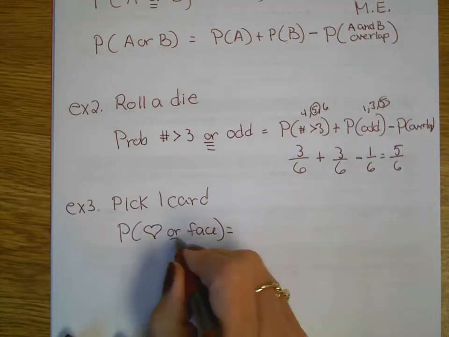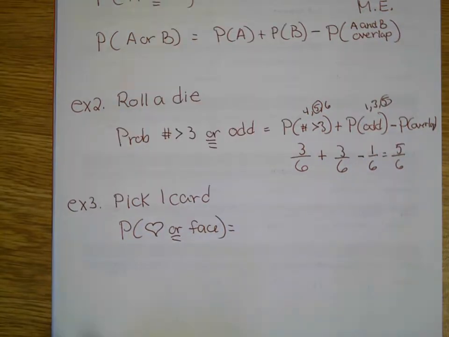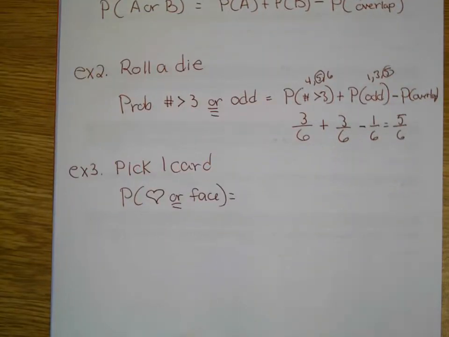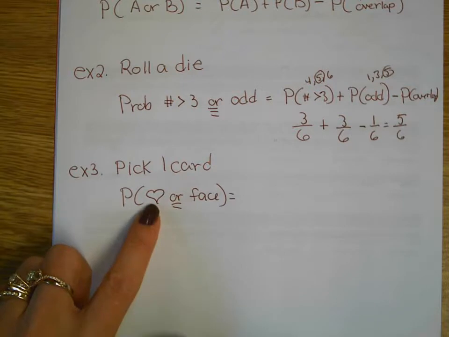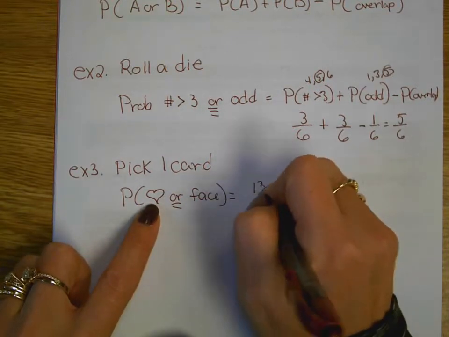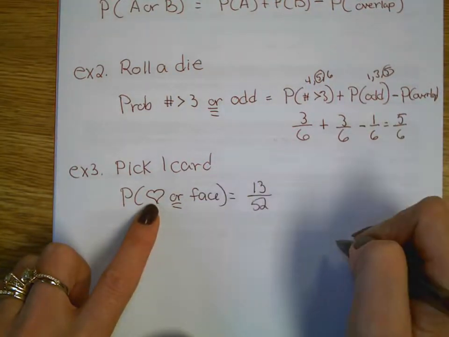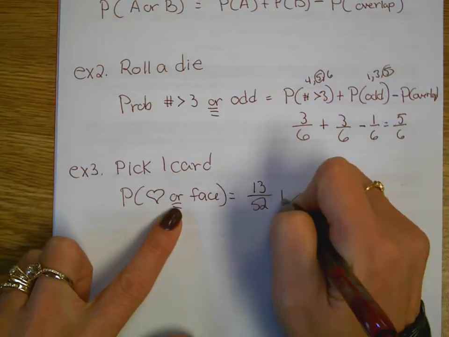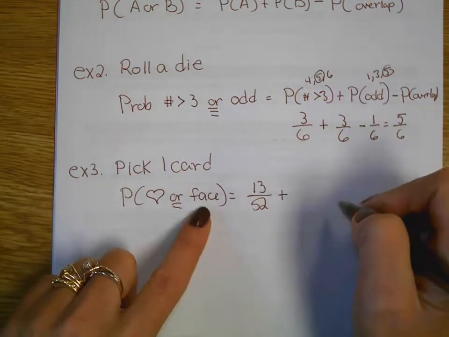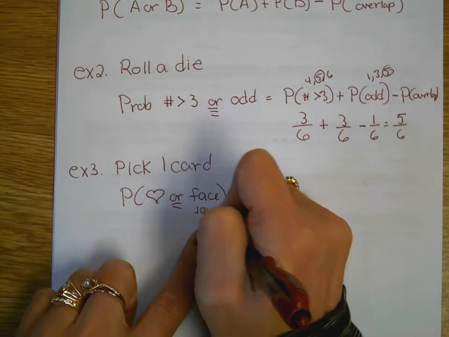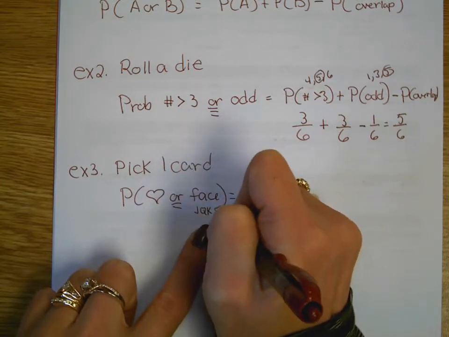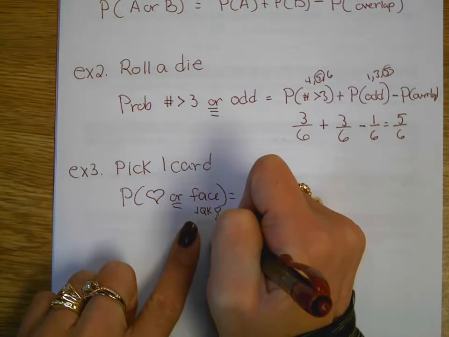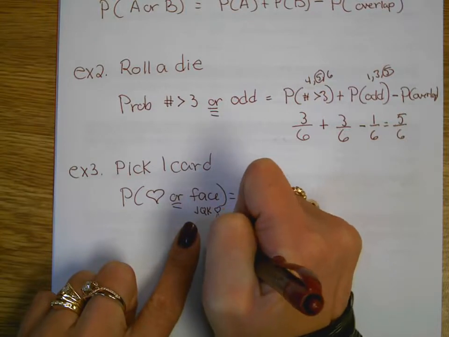So, or tells me to add my probabilities together, but then subtract any double counts, overlap. So again, hearts, I know there are 13 hearts in the deck out of the 52 sample space, or it tells me to add. Face cards, that's Jack, Queen, King of Hearts, Diamonds, Clubs, and Spades.